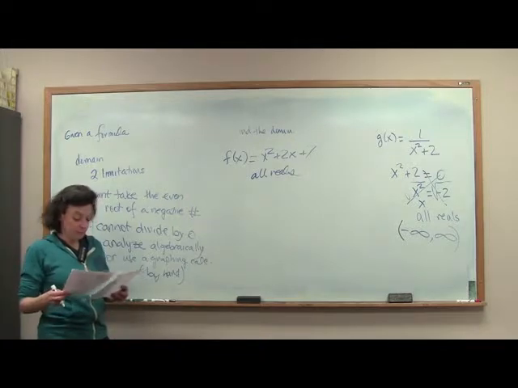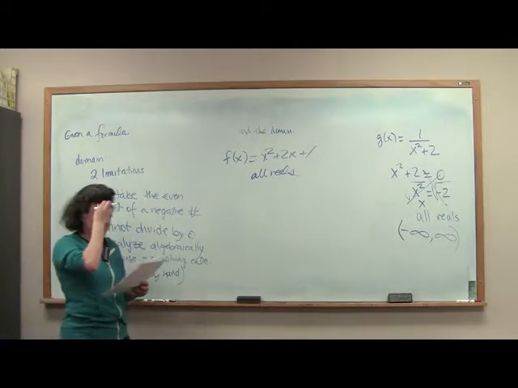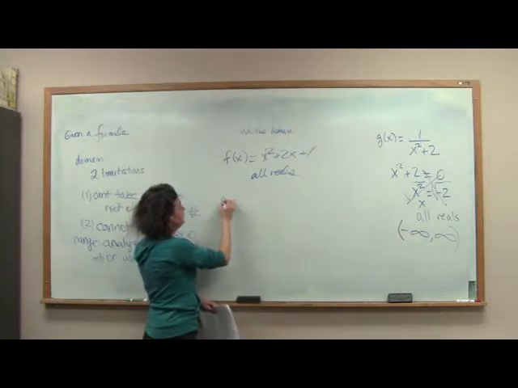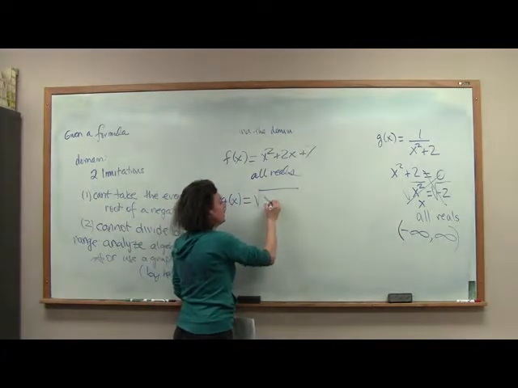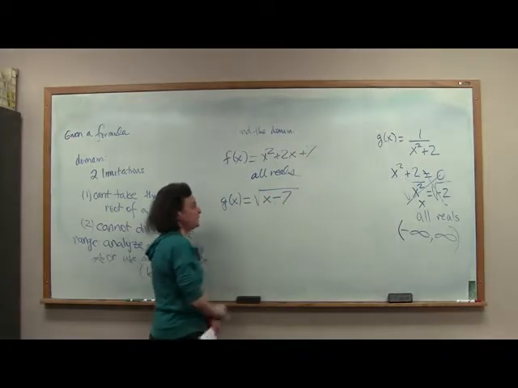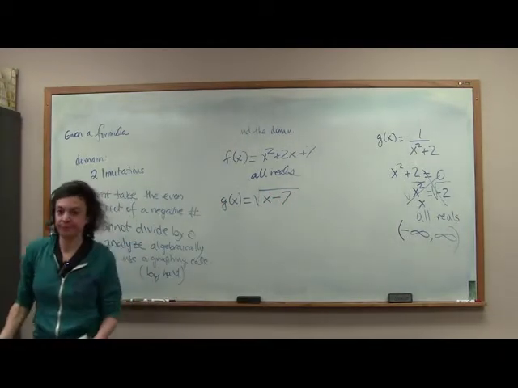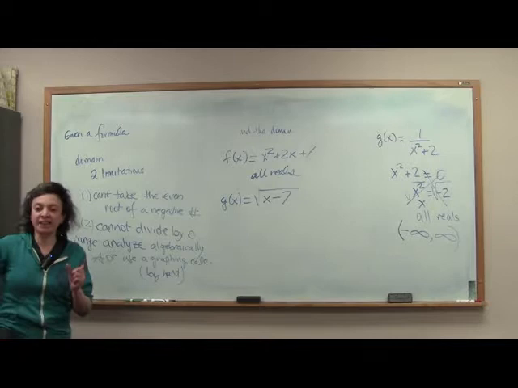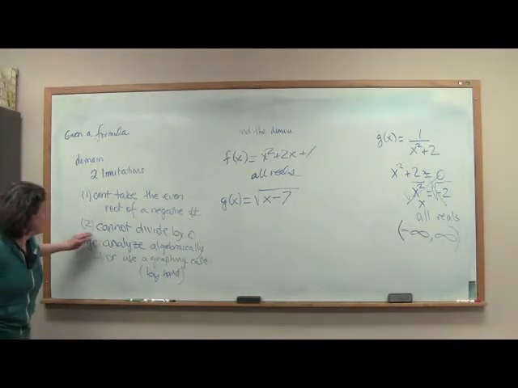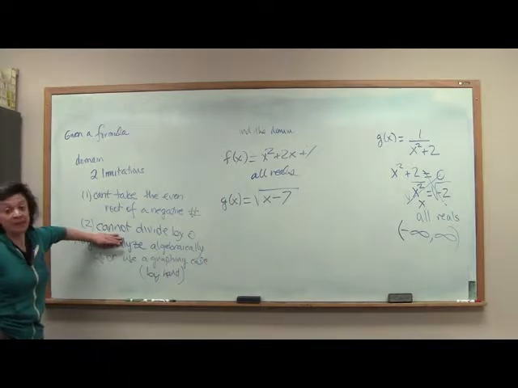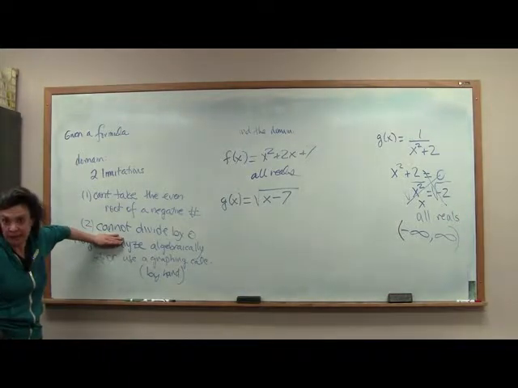All right. What if I have this? Suppose g of x is the square root of x minus 7. Here I do have to worry about the first, okay? No, I do not need to worry about dividing by 0. There's no division going on here.